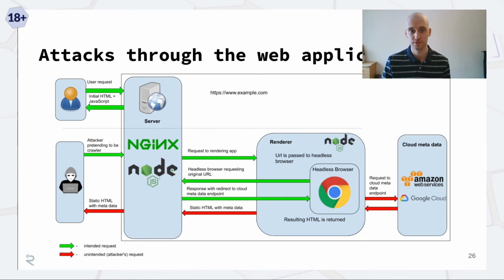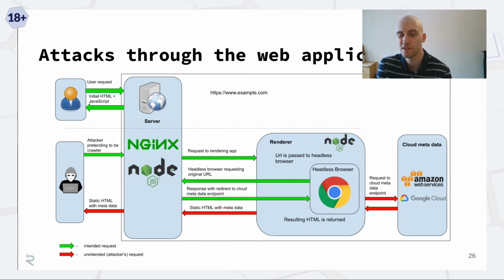So the most interesting part is to attack a web application that uses dynamic rendering. As you may see in this picture, there is an architecture that I already showed you with a slight difference. It shows that an attacker, under certain circumstances, can craft the content of a website or craft a request in a way that will force the headless browser to load, let's say, cloud metadata, or actually perform any other server-side request forgery.